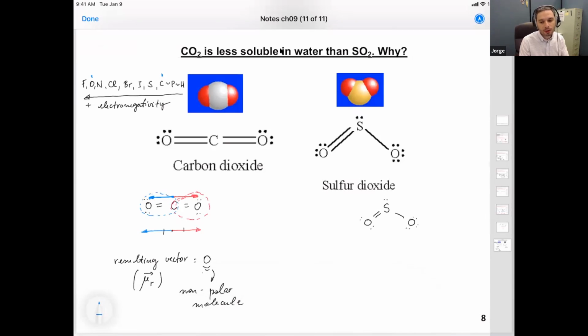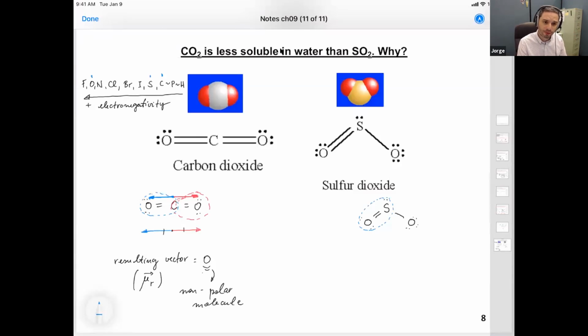Again, here, look at the individual chemical bonds. So let's look first at sulfur and oxygen to the left side. See if there is an electronegativity difference between the atoms. So in this case, we have sulfur different from oxygen.